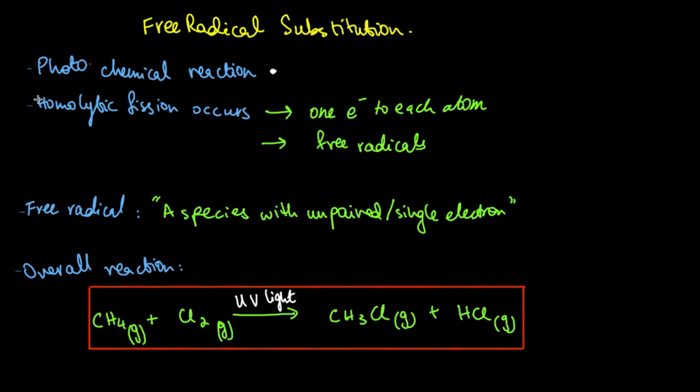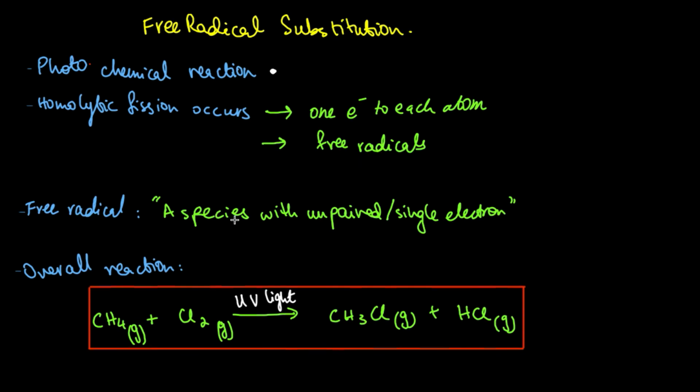In free radical substitution, homolytic fission occurs. What is homolytic fission? Homolytic fission occurs when each atom is given one electron when a bond is broken, and we will be looking into this in the next slide. As a result of homolytic fission, free radicals are produced.